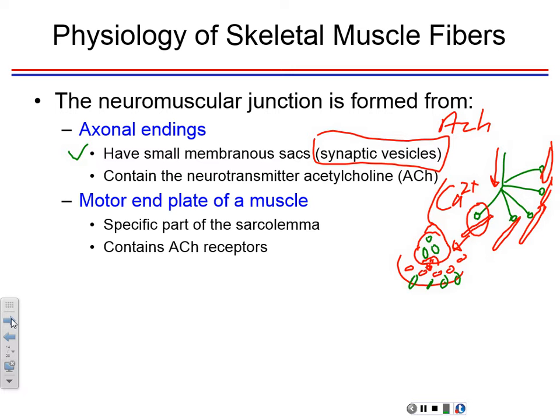The part of the membrane on the muscle that has these ligand-gated sodium channels is called the motor end plate. That's all. So know what the motor end plate is, and know what the neuromuscular junction is.